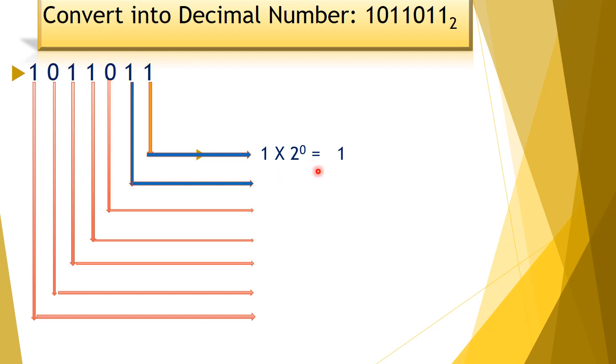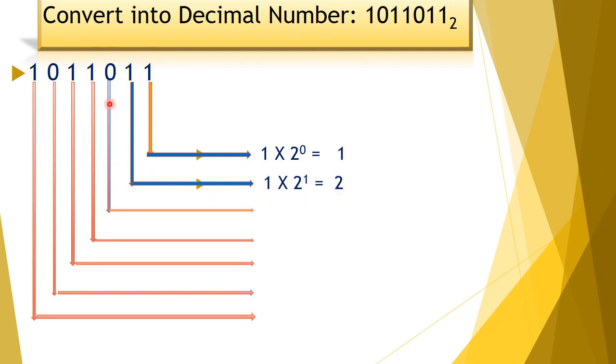So 1 into 1 equals 1. Next, we multiply the next digit 1 by 2 raised to the power 1. The product is 2.